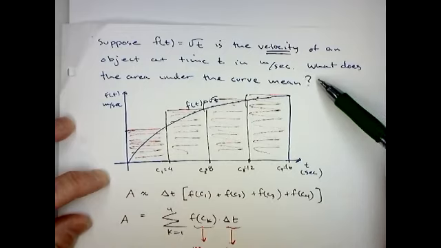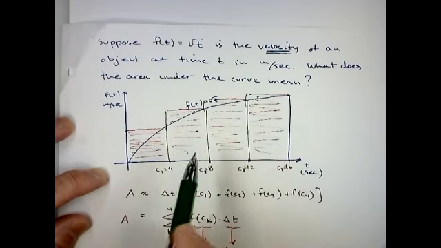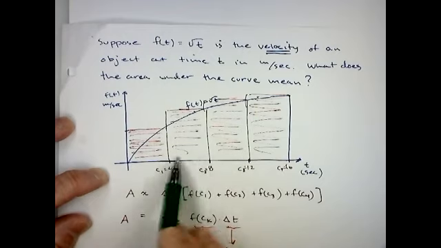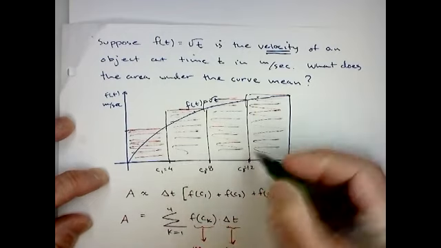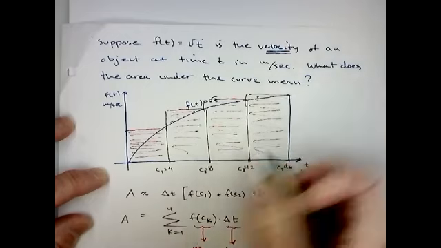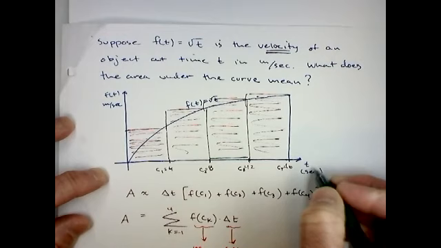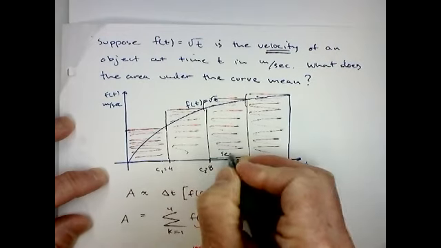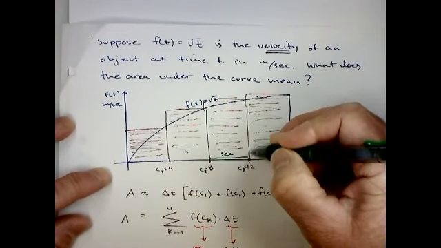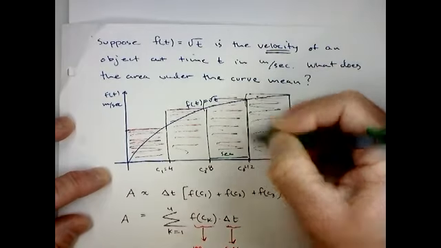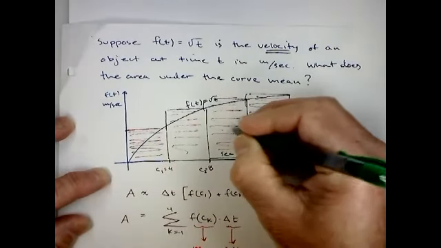Well, what does the area under the curve mean? If we take one of those rectangles, let's just use this one as an example. What is the area of the rectangle? Well, this width would be measured in seconds, right? And the height would be measured in meters per second.